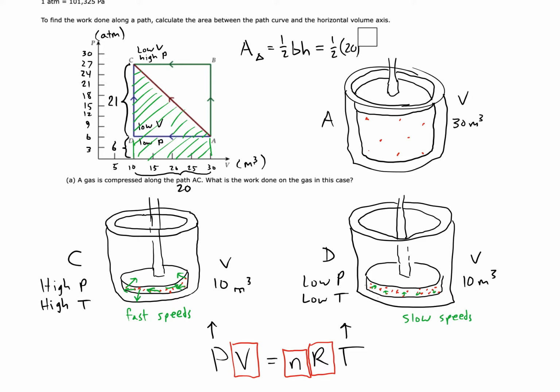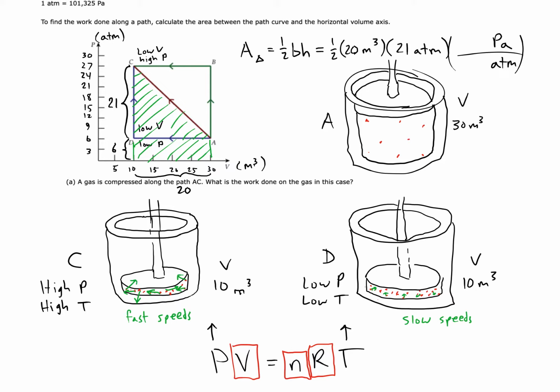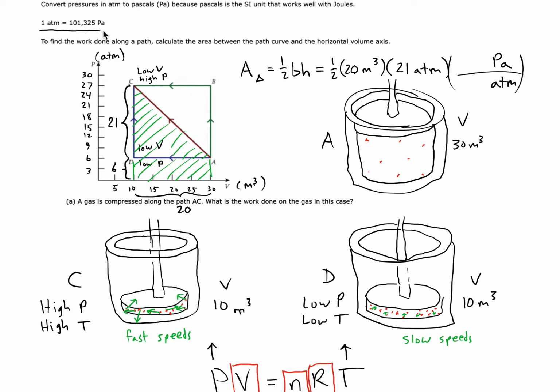So let me write in the units. 20 meters cubed, 21 atmospheres. But now we throw in a conversion to change atmospheres into pascals. And that's given in the problem right here, the conversion between them.